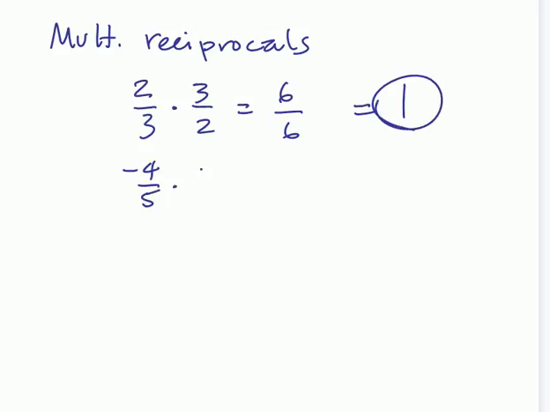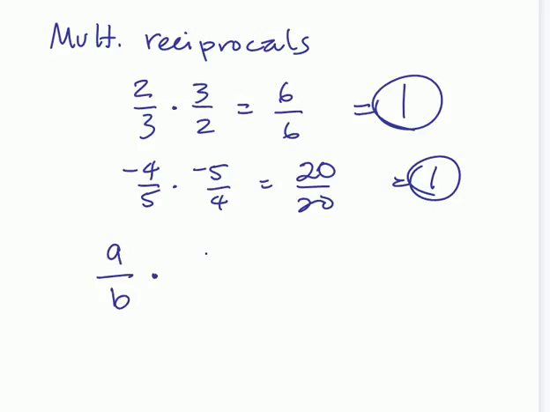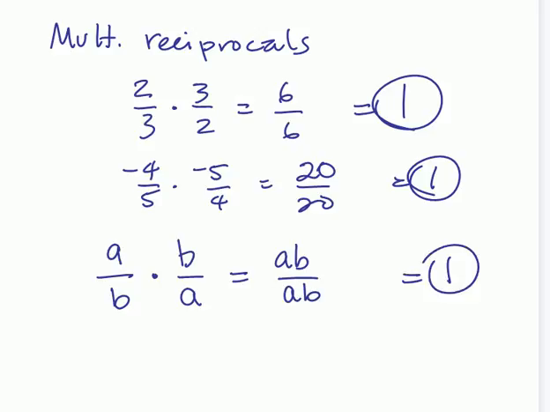Negative 4/5 times negative 5/4, multiply them, you would get 20/20, or 1. So when you multiply reciprocals, and I'm going to indicate that by a over b, its reciprocal would be, flip it, b over a, so a over b times b over a is ab over ba. You can write that as ab over ab, and anything over itself is 1. And I will see you next when we actually do some multiplying and dividing fractions.